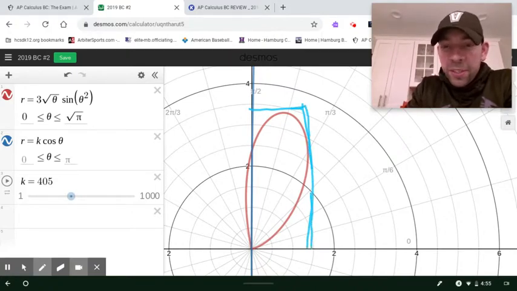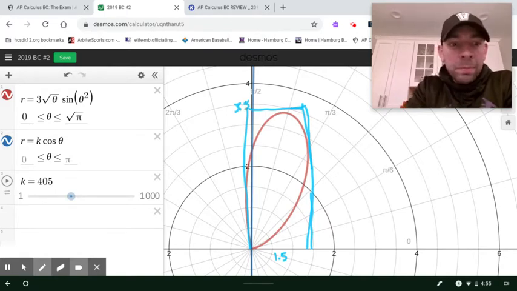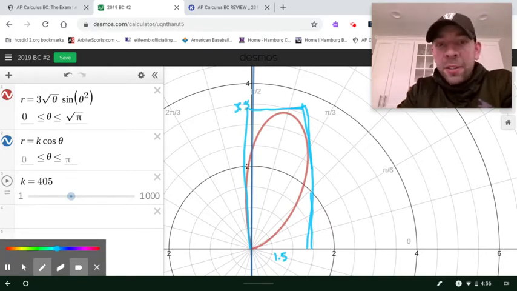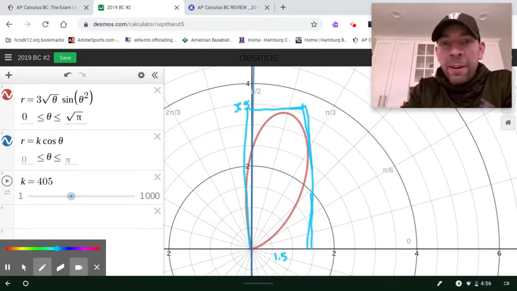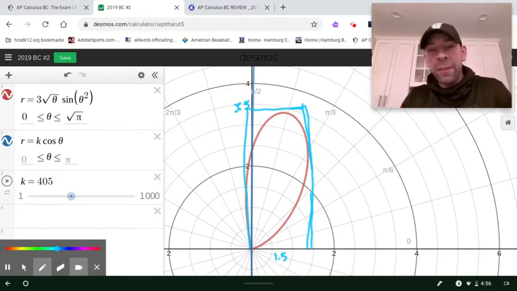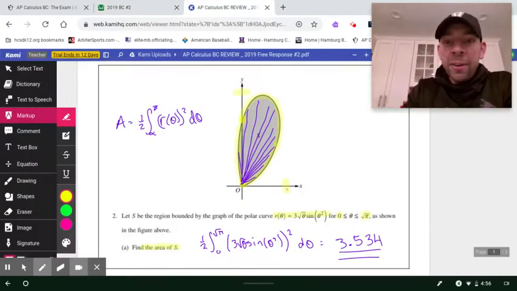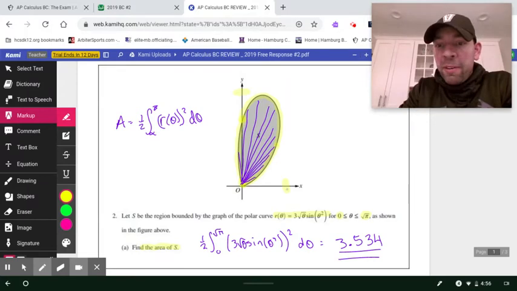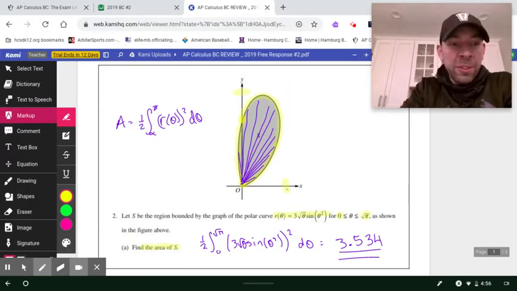But it's going to tell you that the rectangle that may enclose this has a width of approximately, and we're just ballparking here, about 1.5. The height is approximately 3.5-ish. If you multiply those two together, you'd get an answer a little bit bigger than 5, and that's the area of that entire blue rectangle. So region S itself is certainly smaller than 5. Going back here, 3.534 seems a lot more reasonable now.